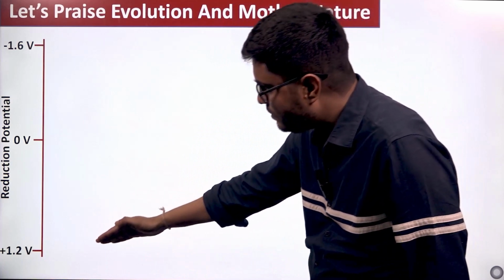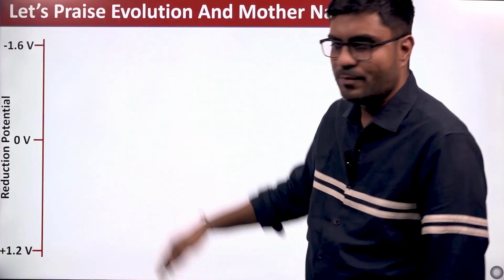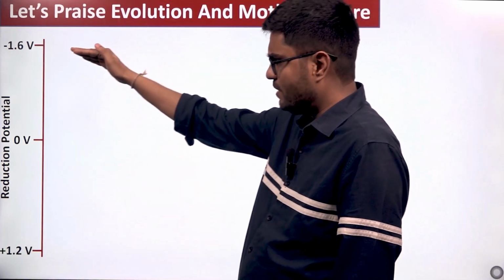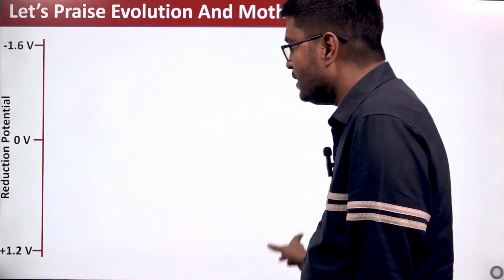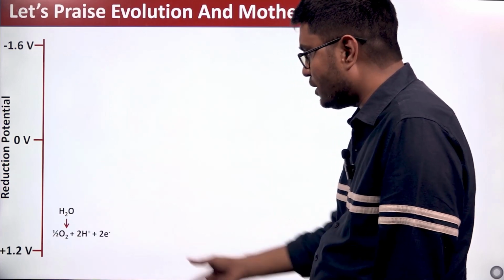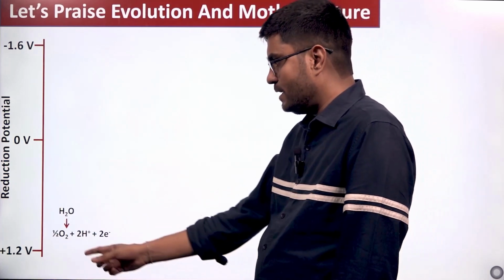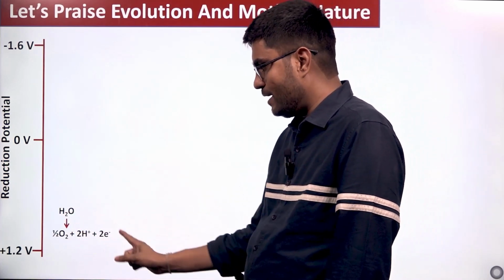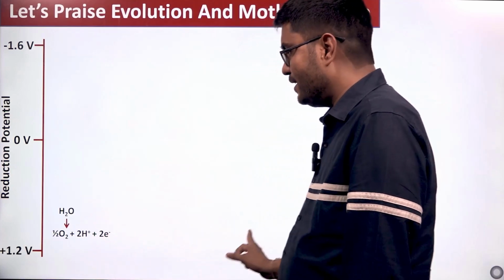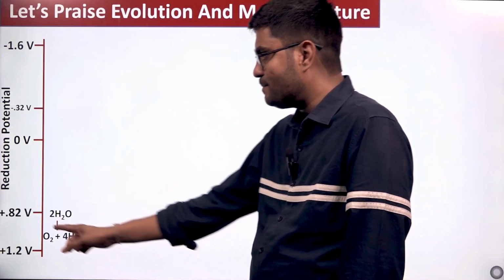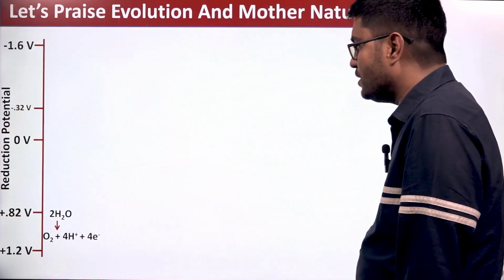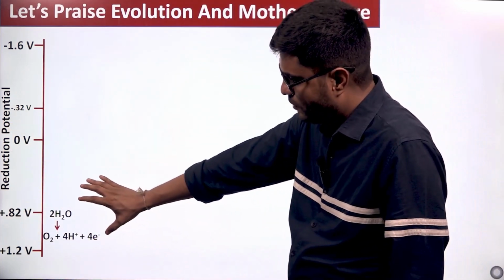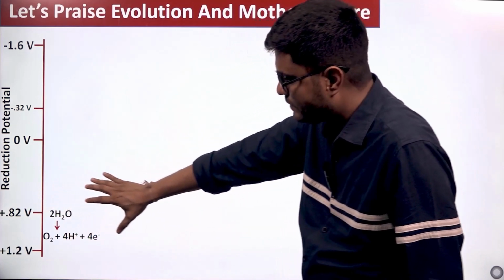So when I am going upwards, the reduction potential is decreasing, or when I am coming downwards, the reduction potential is increasing. Now we are having water here, that is water is giving us 2 electrons, and the reduction potential of this process is plus 0.82 volt, which we have already seen. So the position of water on this graph is here, right?